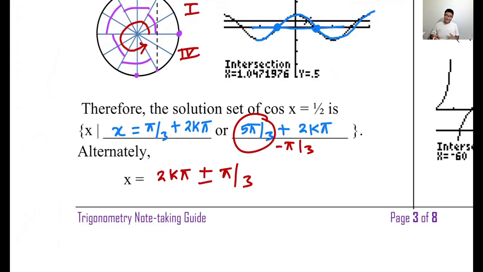Okay, so basically it is pi over 3 plus 2k pi or minus pi over 3 plus 2k pi. Okay, and then I'm rewriting it as 2k pi plus or minus pi over 3. K is the integer.